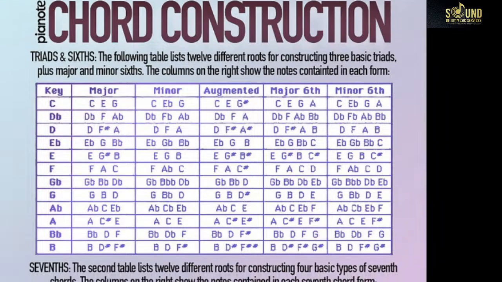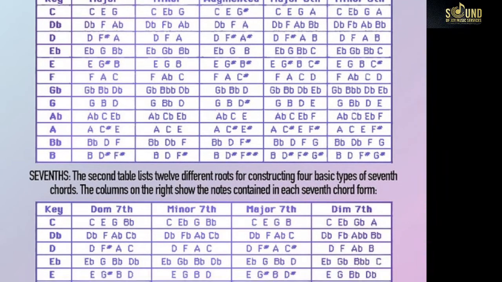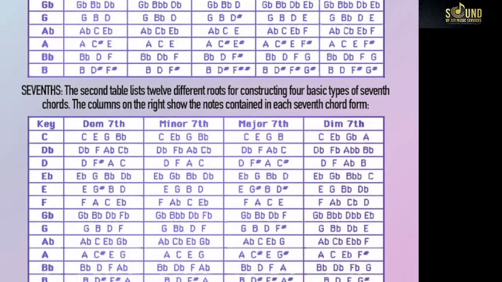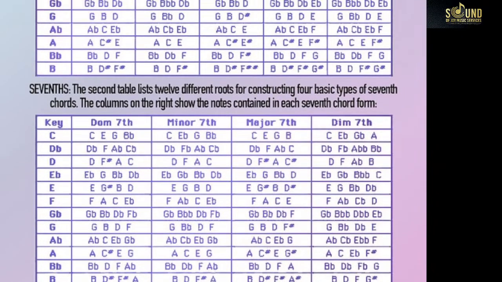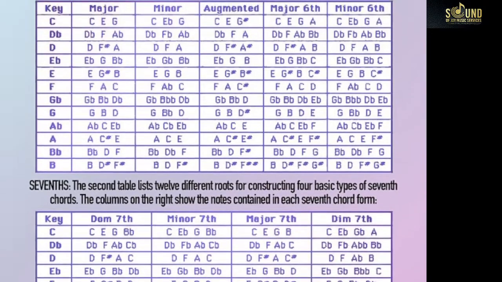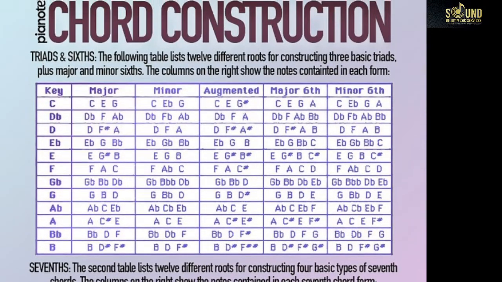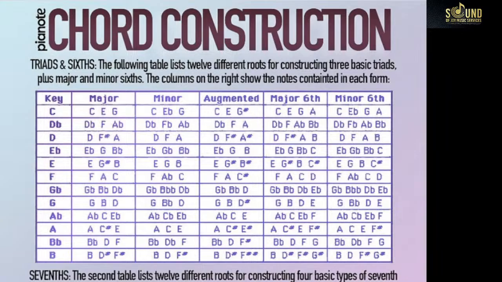It continues after that with dominant seventh, minor seventh, major seventh, diminished sevenths. All of these chords go into the formation of gospel chords. So we're going to be in the key of C, and we're going to look at how some of these 12 different chords, your basic chord construction, help to give us that gospel sound based upon the person who's playing it.